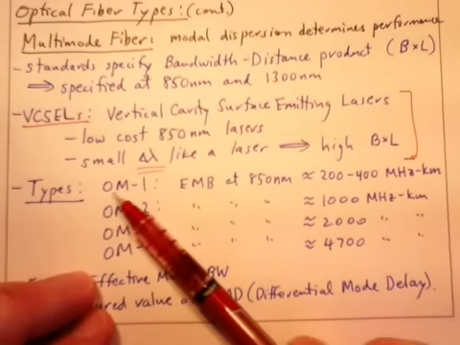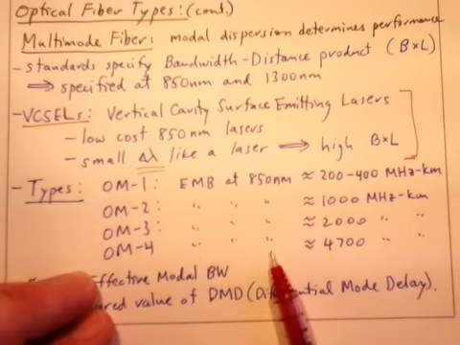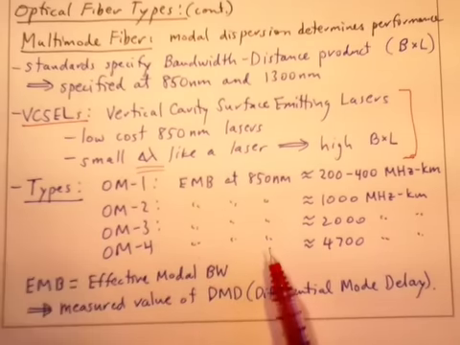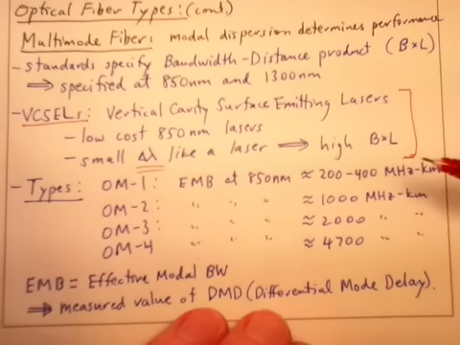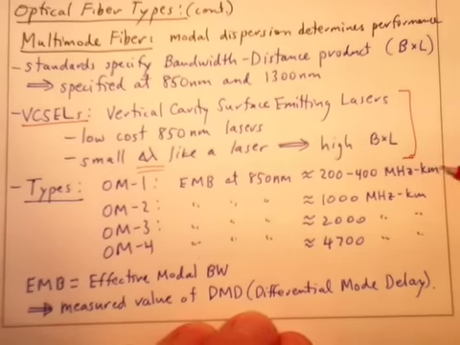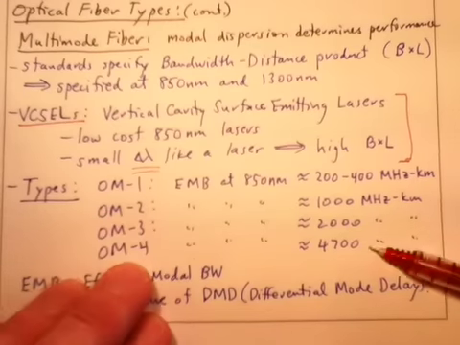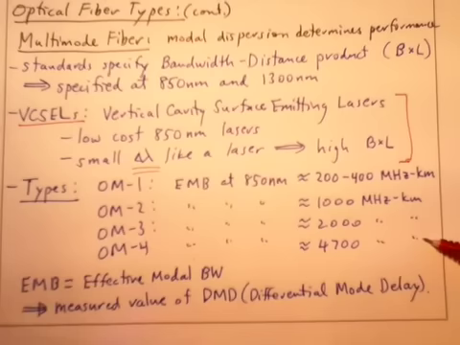All of these multimode fiber types are specified at 850 nanometers for a VCSEL, and the bandwidth distance products go from several hundred megahertz kilometers for OM1 up to 4,700 megahertz kilometers for OM4.